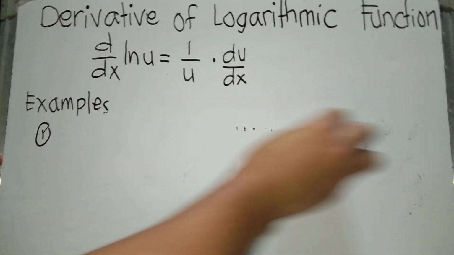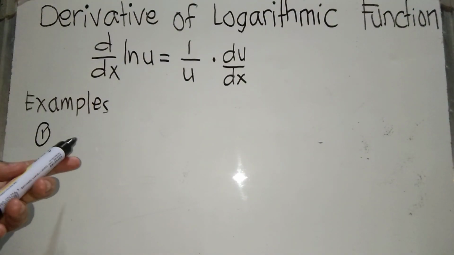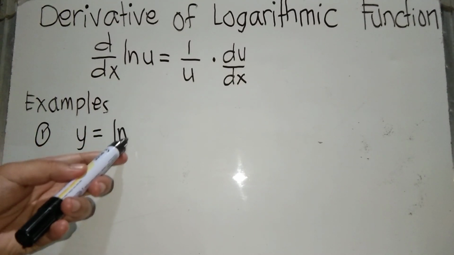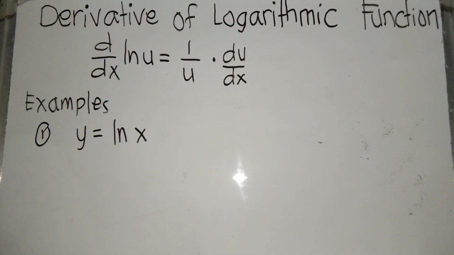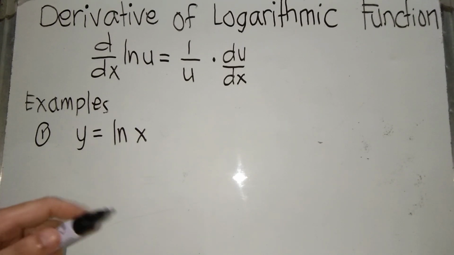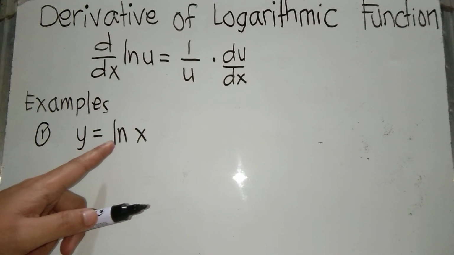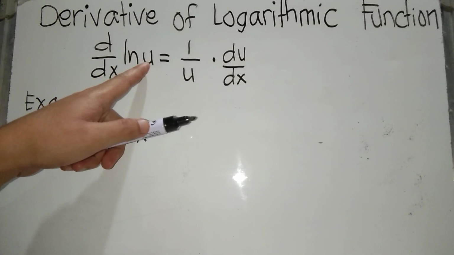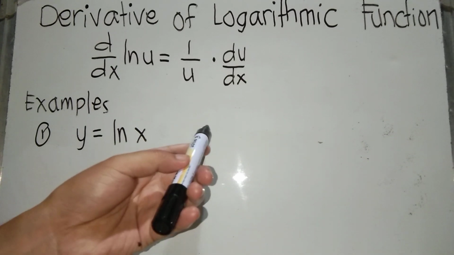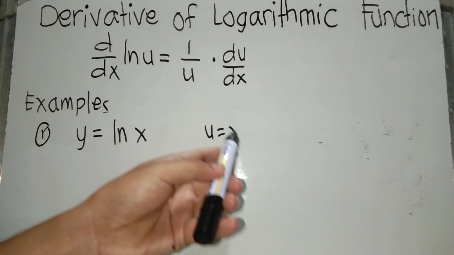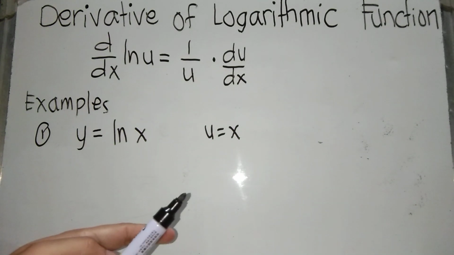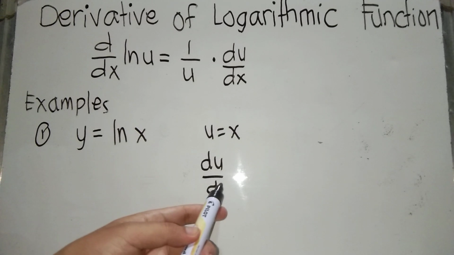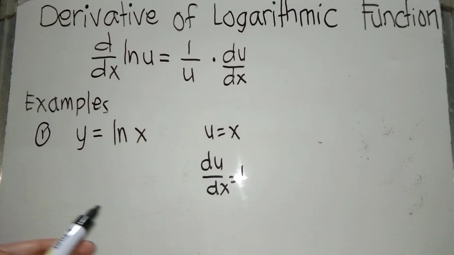Now let me give you an example in finding the derivative of a logarithmic function. We have here the logarithmic function y is equal to ln x. As you notice, our u is equal to an identity function x. The derivative of u with respect to x is just equal to 1.